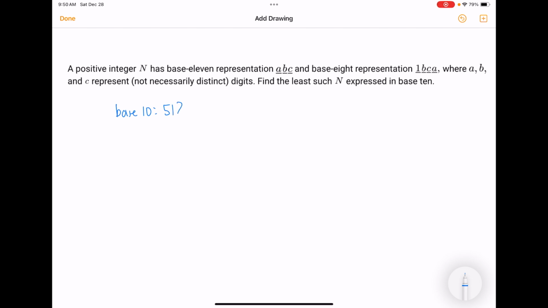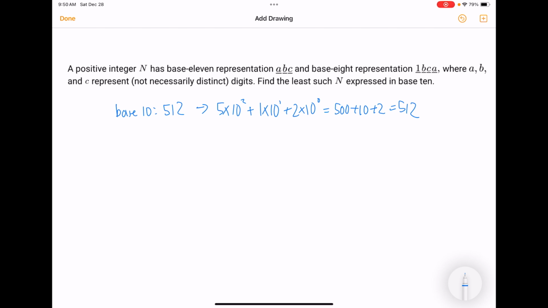So if we have 512, then technically it's represented as 5 times 10 to the second, plus 1 times 10 to the first, plus 2 times 10 to the 0th. Because if we do this, we have 500 plus 10 plus 2, which is exactly 512.